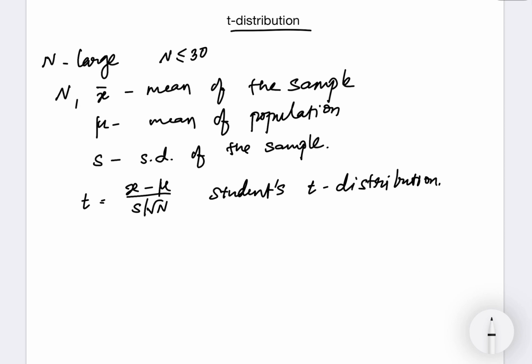The curve represented by the function y of t equals y naught times (1 plus t square over n minus 1) to the power of minus n over 2, where y naught is a constant for the t curve. The constant y naught is generally chosen in such a way that the total area under the curve is equal to 1.